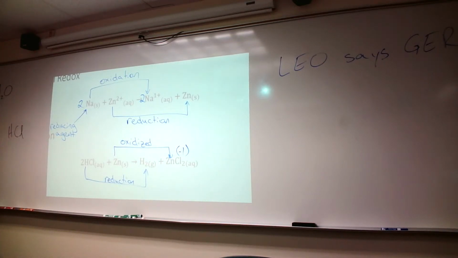The agent is doing something. So if it's reducing whatever you put it with, it must be being oxidized. So what's oxidized is the reducing agent, and what reduces is the oxidizing agent. Right, so it's basically just flipping your frame of reference.